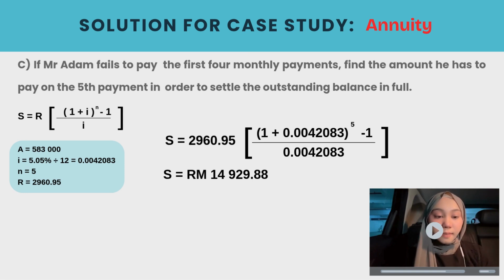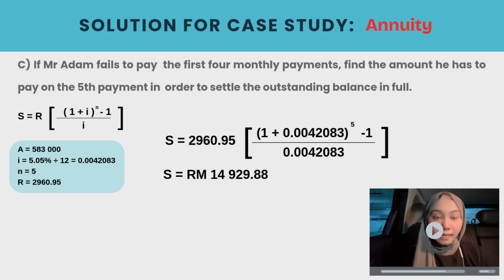If Mr. Adam missed the first 4 monthly payments, this is what he must pay on the 5th month to settle everything. We use the formula S equals R multiplied by ((1 plus i) to the power of n minus 1) divided by i. R is 2,960.95, i is 0.0042083, and n is 5.